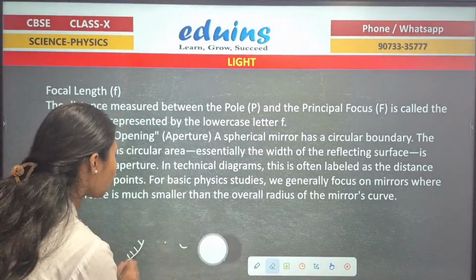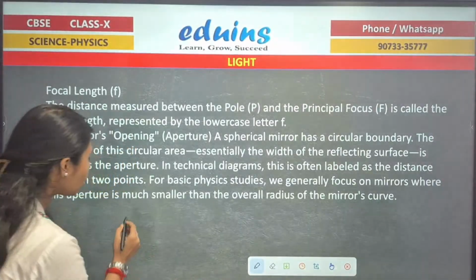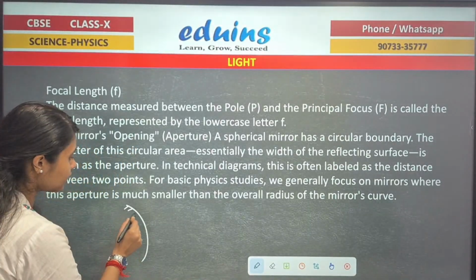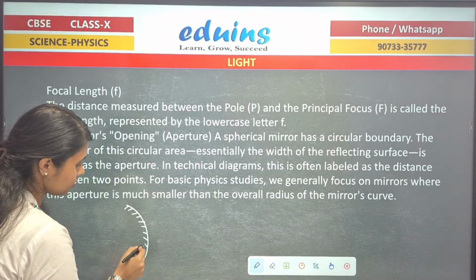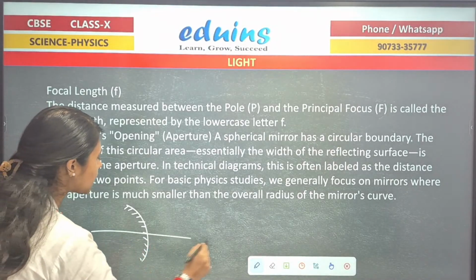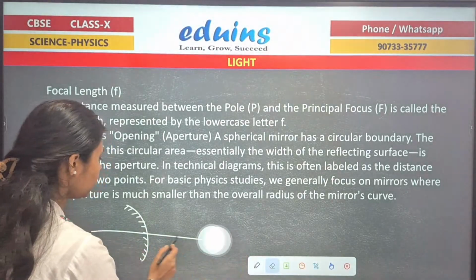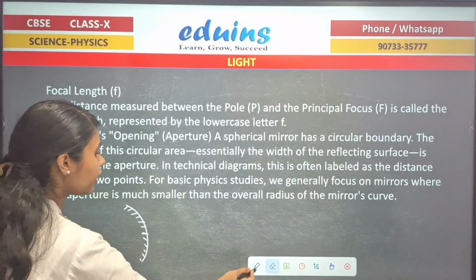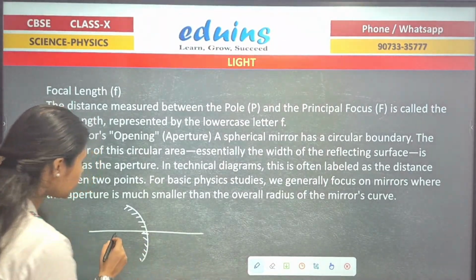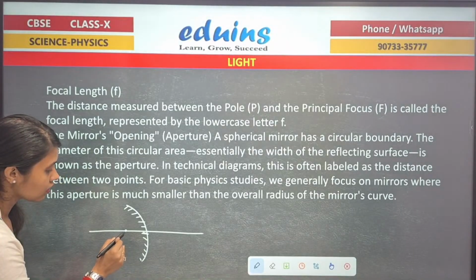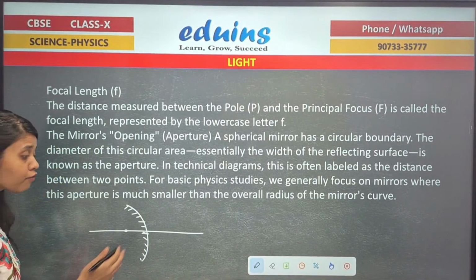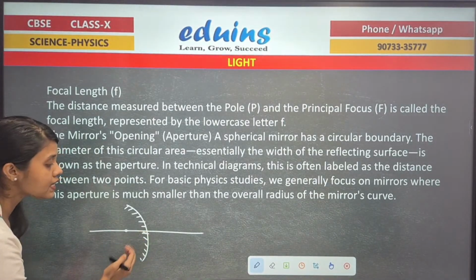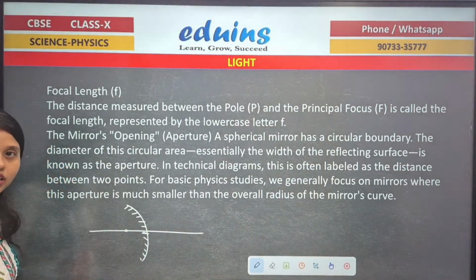We have to draw it again. For the convex mirror, we get diverging rays. We are not getting converging rays. For these diverging rays, the principal focus is situated behind the spherical surface.